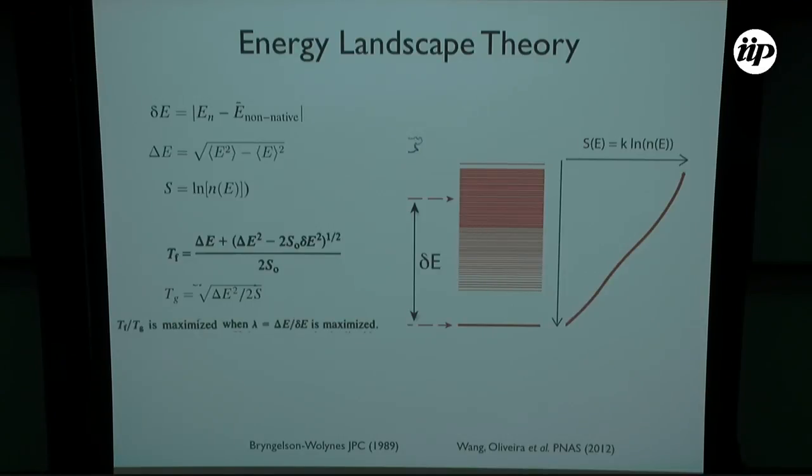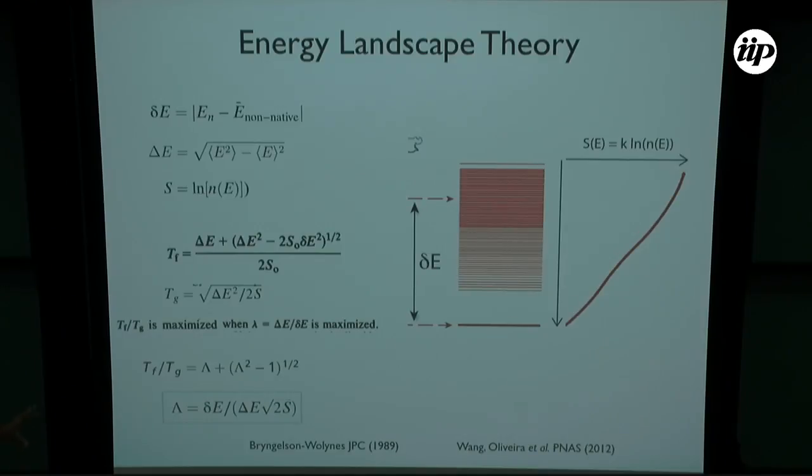If you look at the literature, people try to maximize TF over TG. That's what we call the principle of minimum frustration. So can we get some quantified information out of that? And the answer, with the simplified structure-based model, is yes, we can.